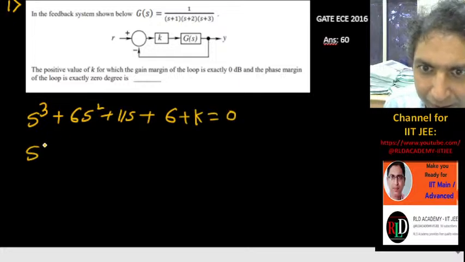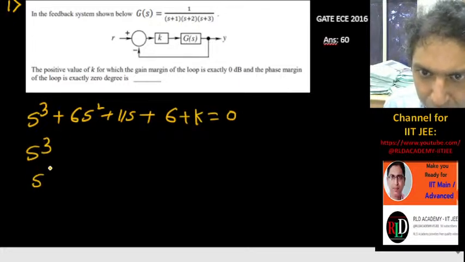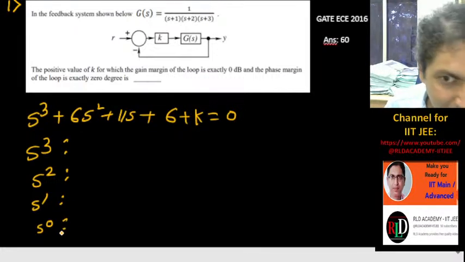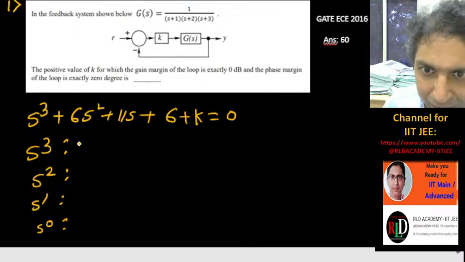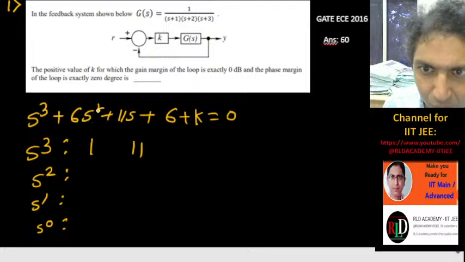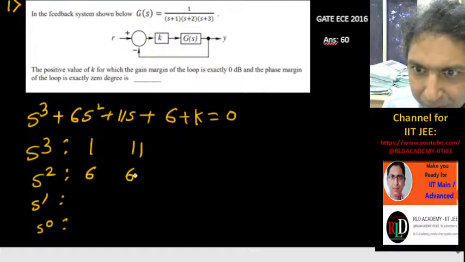Can you make the Routh-Hurwitz table? S cube, S square, S1 and S0. I hope you can do these things. What is the S cube row? This coefficient is 1, this coefficient is 11, the next S square coefficient is 6, then the constant term is 6 plus K.